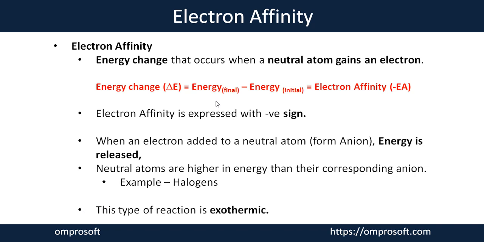So due to this reason the energy value comes with a negative sign, because the initial value is more as compared to the final. This energy change is nothing but electron affinity, which is expressed with a negative sign, because the amount of energy carried by the neutral atom at its initial stage is more as compared to when it gains an electron and converts itself into an ion.